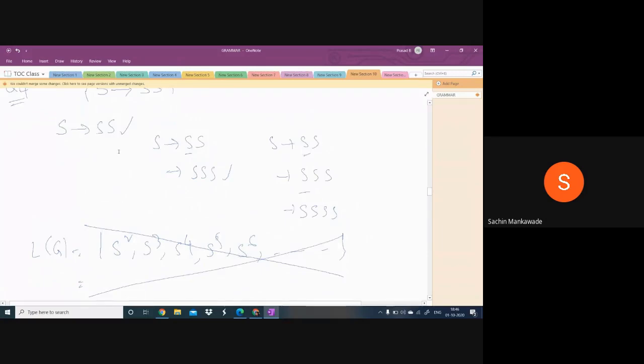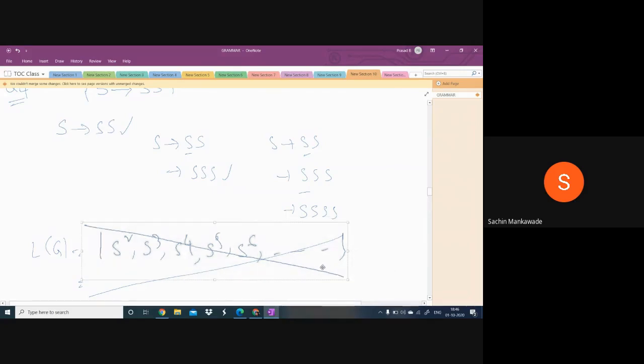Very good. These all strings are derived from this S, but are all these strings terminal strings? What is L of G? L of G is the set of terminal strings which are derived from the start symbol. Of course, S square is derived from S, S cube is derived from the start symbol, S power 4 is also derived from the start symbol, but they are not terminal strings.